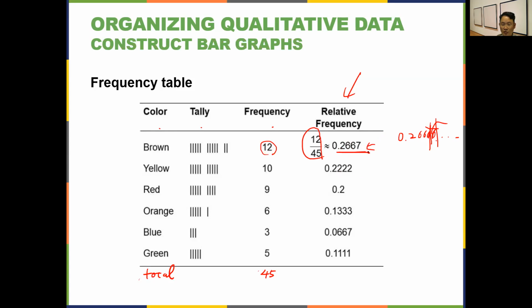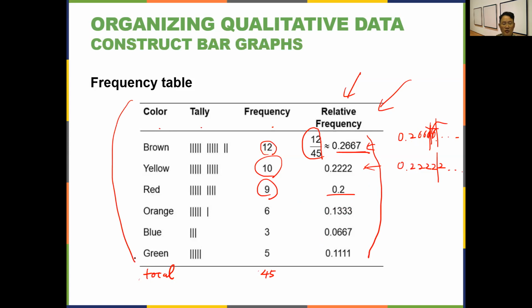They decided to keep 4 decimal points. Same thing in here, this probably goes on forever, so they cut it somewhere and keep 4 decimal points. Fortunately, this one didn't. And so forth. So this is how you build the relative frequency, and this is the complete frequency table.